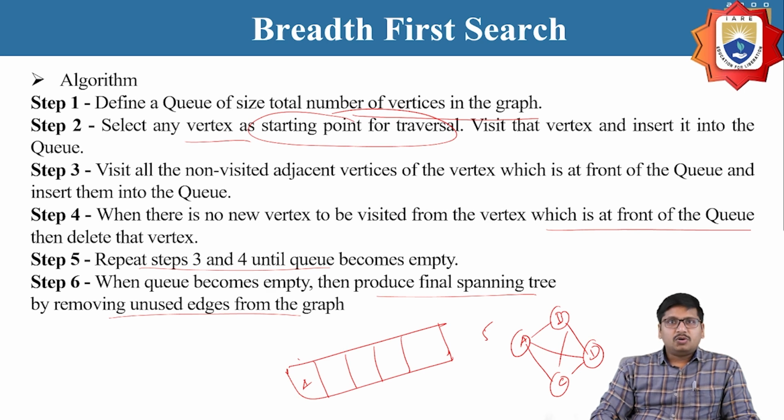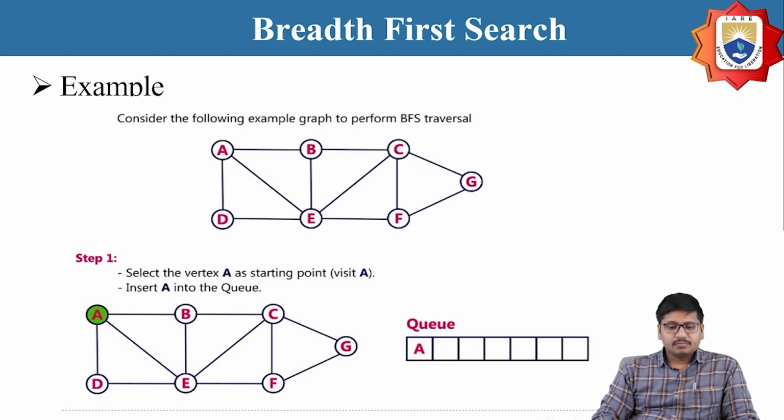Visit all the non-visited adjacent vertices of the vertex at the front of the queue, and insert them in the queue. When there is no new vertex to be visited from the vertex at the front of the queue, delete the vertex. Repeat steps 3 and 4 until the queue becomes empty, and then produce the spanning tree. Let us consider an example of how we implement breadth first search.